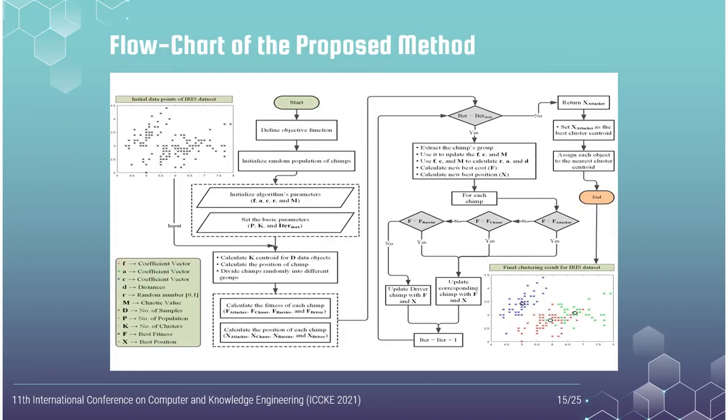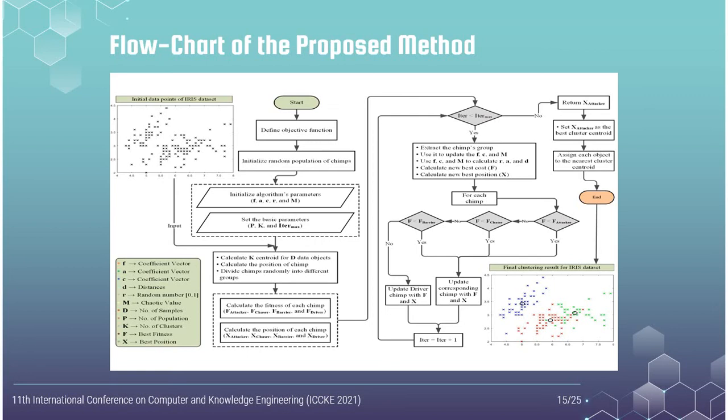In conclusion, you can see the flowchart of the proposed method, so you can become more familiar with this process. First of all, we use the IRIS dataset as the initial data input. After that, we define our objective function, then initialize the random population of chimps, and initialize the algorithm parameters.